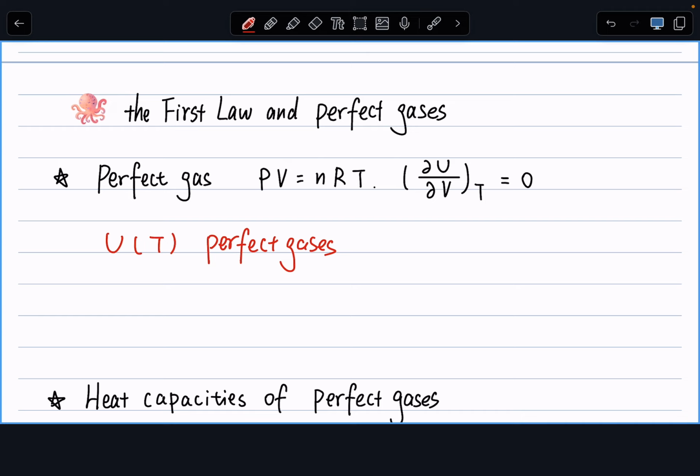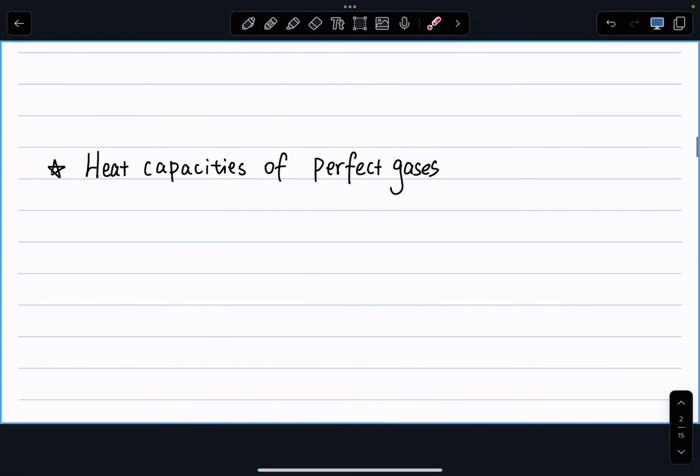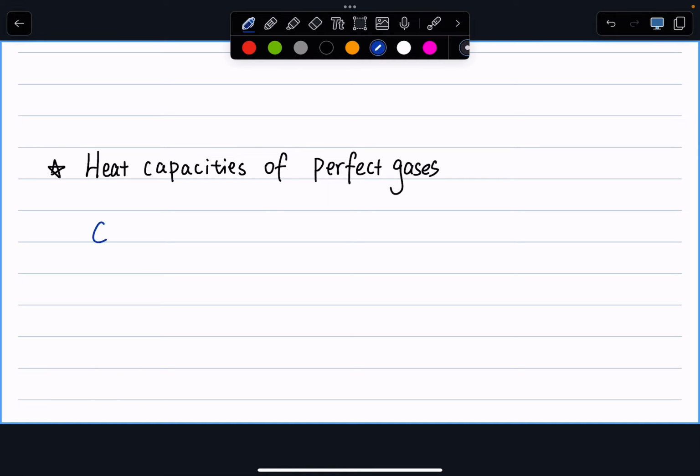All right. And then we're going to use this information to do something that we already did in our last lecture, which is to solve for a relationship between Cp and Cv, and we'll see they match each other. Since we know internal energy and enthalpy for a perfect gas are only a function of temperature, we can rewrite the definition of heat capacities.